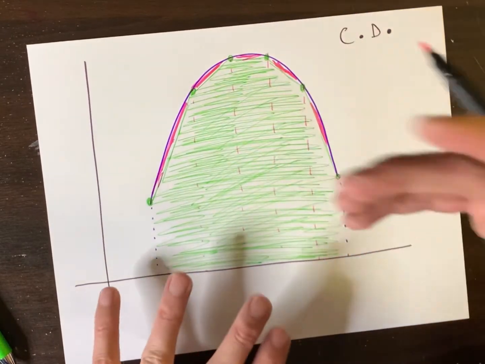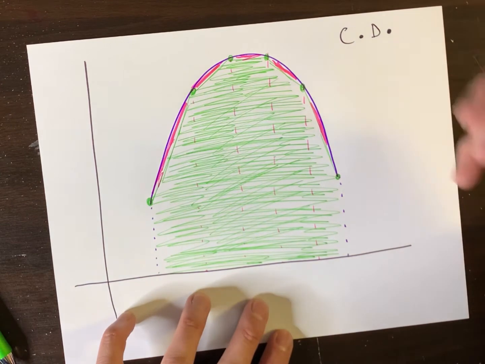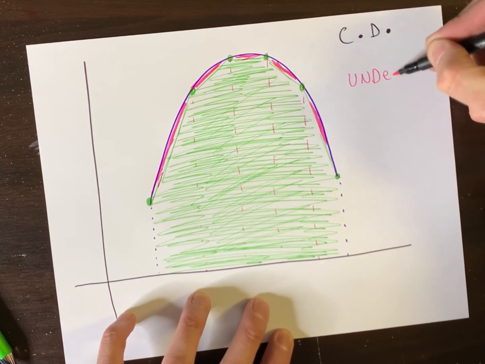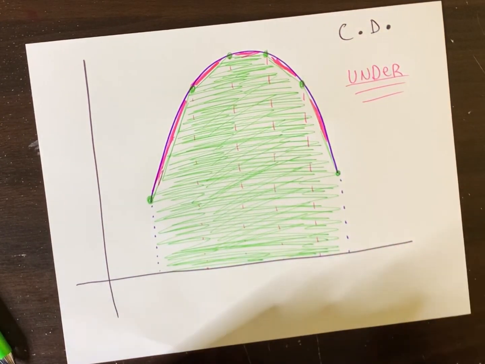So that pink is missing. So whenever the graph is concave down, we typically say that the estimate is an underestimate because there are pockets that are missing in the estimate.